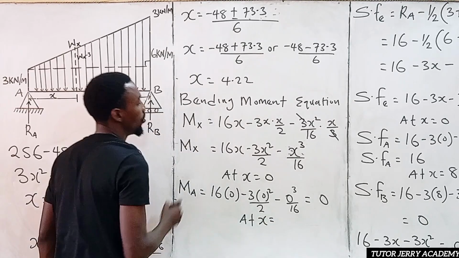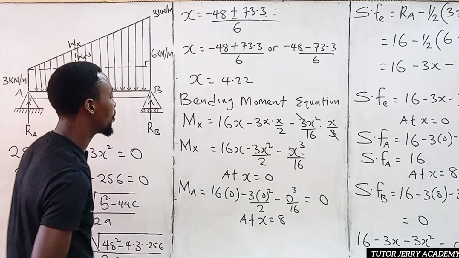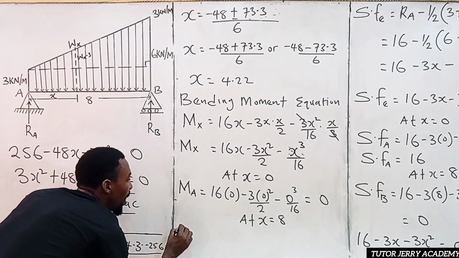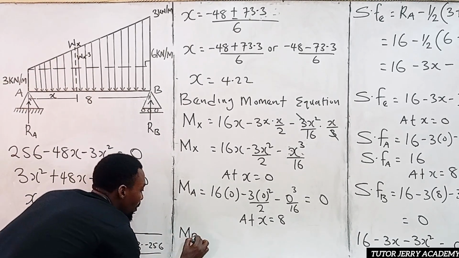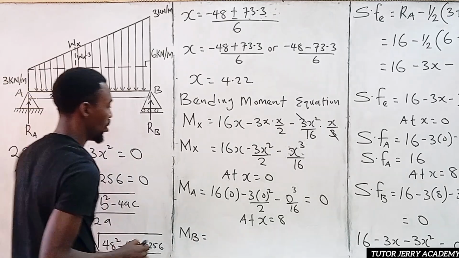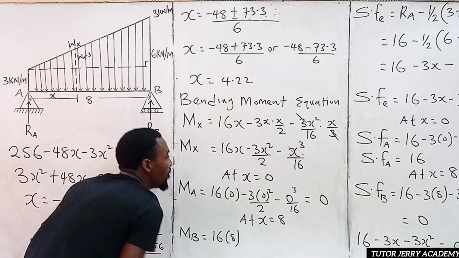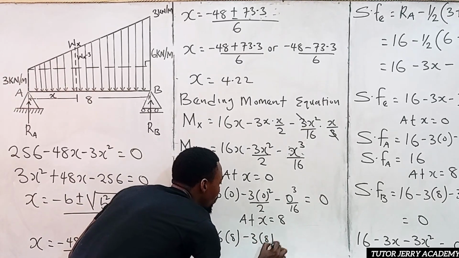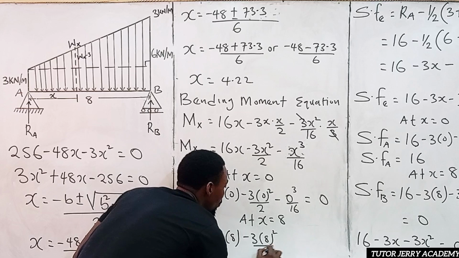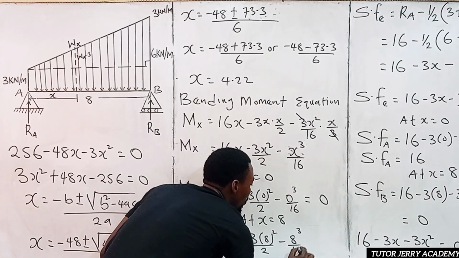Now at S equal to 8, we're going to have our bending moment at B equal to 16 into 8, then minus 3 into 8 squared all over 2, then minus 8 to the power of 3 all over 16.